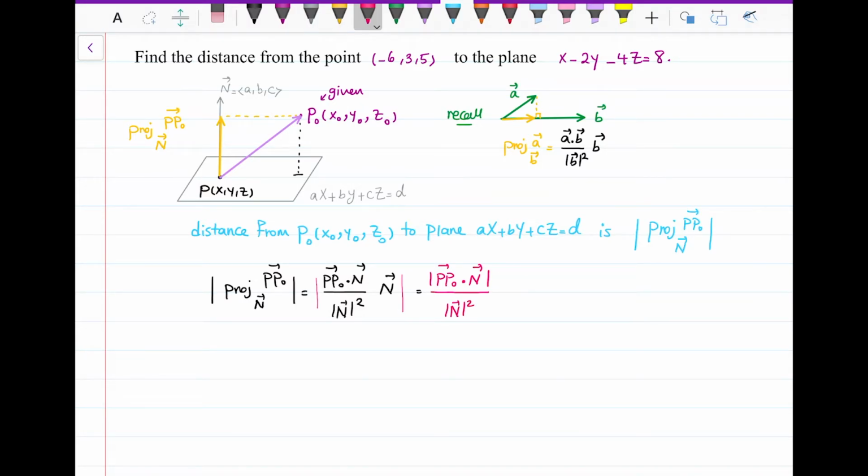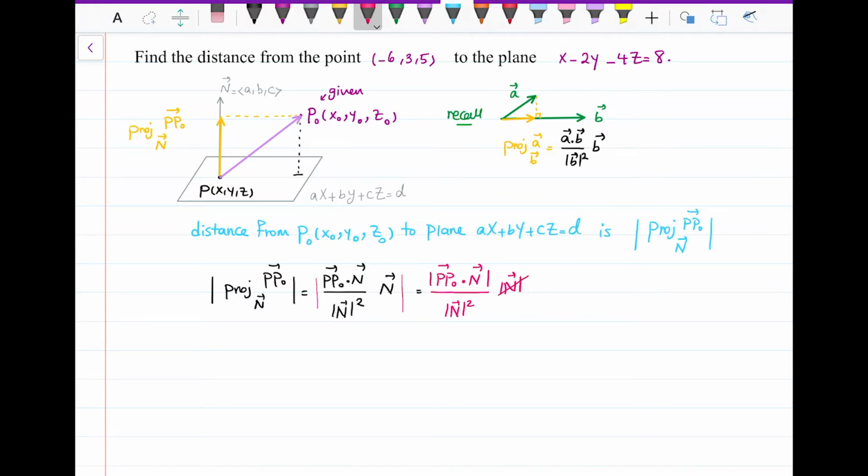But the length of the vector n is just a number. When you square it, we get a positive number, so the absolute value of a positive number is the number itself. That's why we leave it as that. And then the length of n. The only vector that we can take the length of is n. Everything else is just a number.